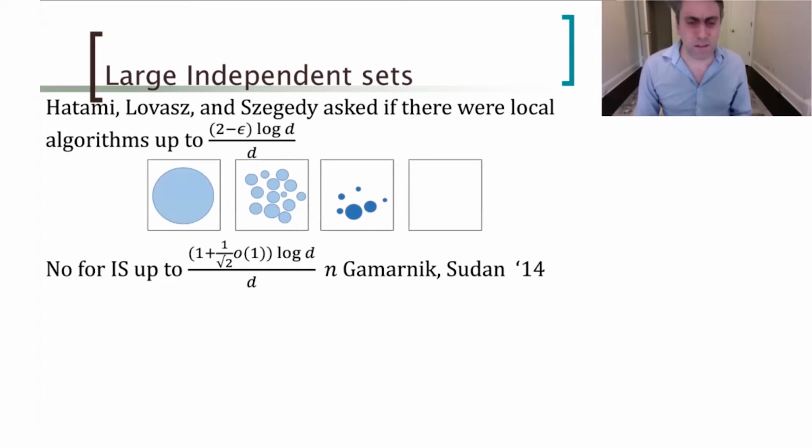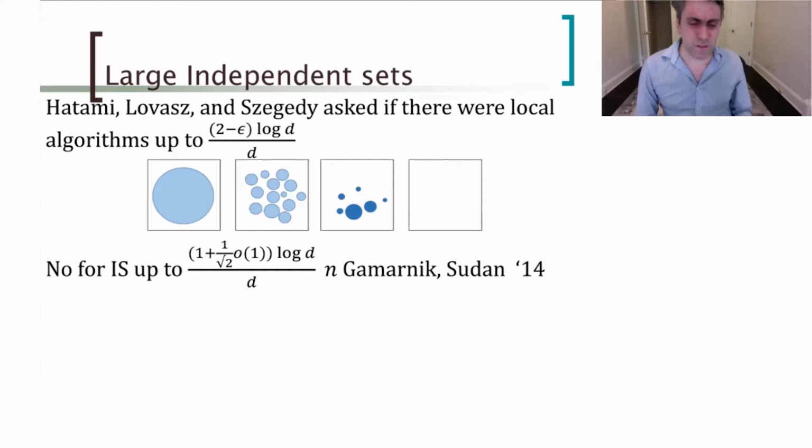The result of Gamarnik and Sudan is that there are not. They showed that above about 1.6 log d over d, you cannot find large independent sets with local functions.